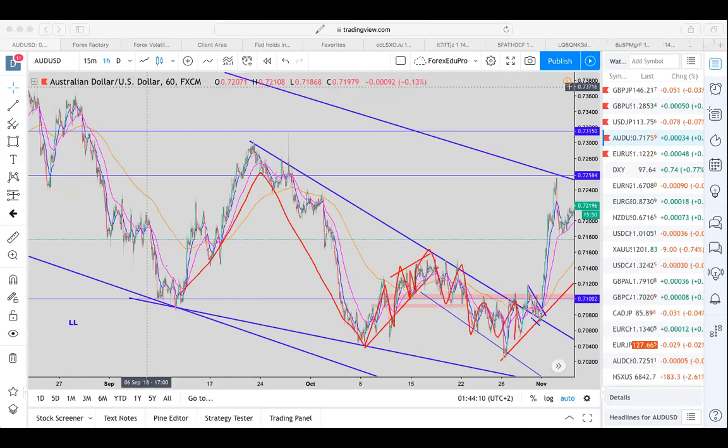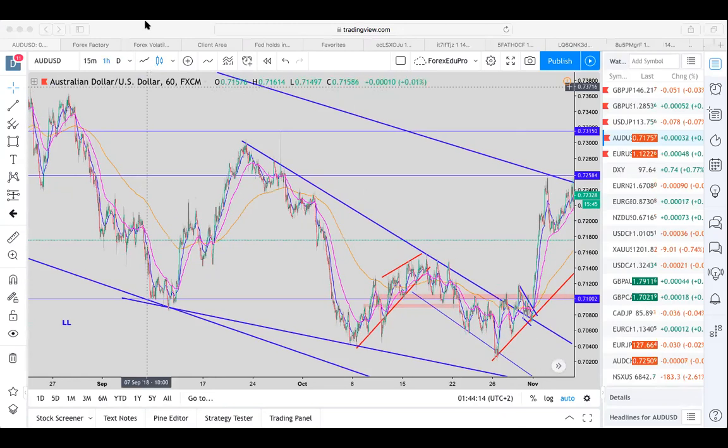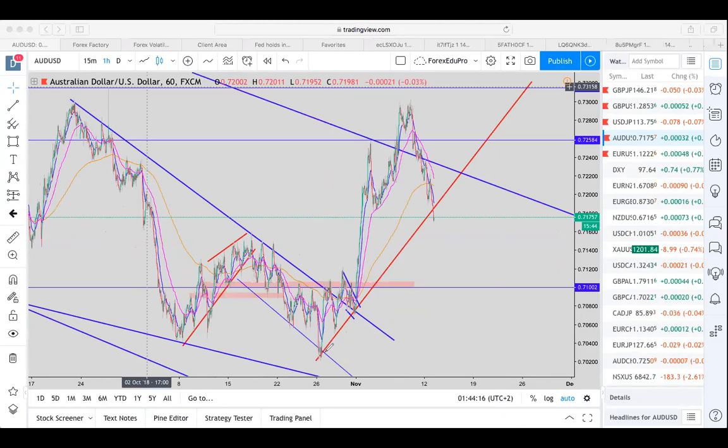Okay. And we had our signature trade over here. Break in this liquidity zone over here. We had the higher low over here, and we took that all the way up.